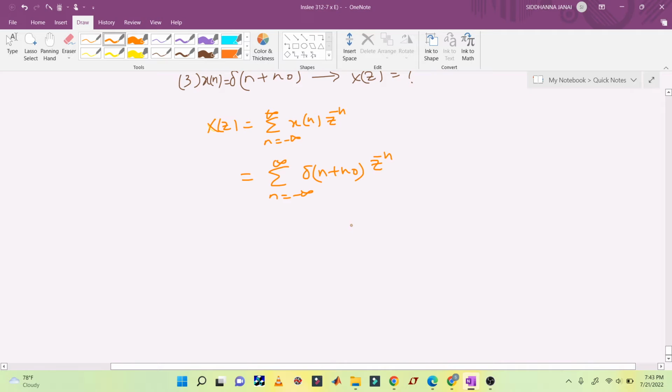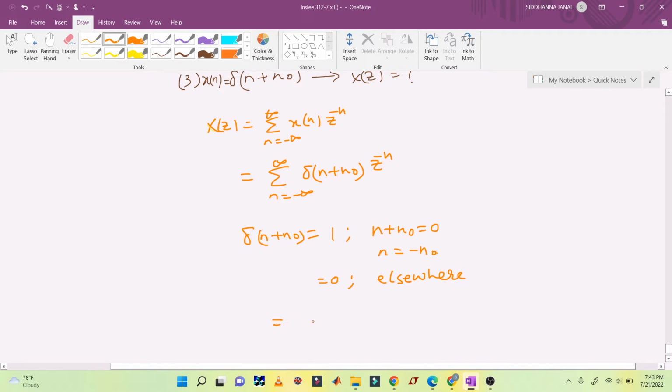We know that delta of n plus n naught is equal to 1 only when n plus n naught is equal to 0, or n is equal to minus n naught, and equal to 0 elsewhere.